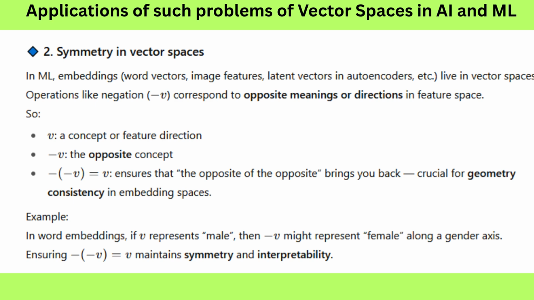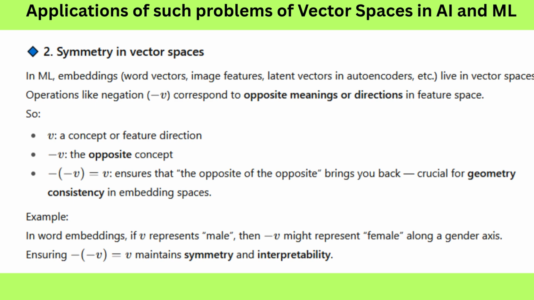So V is a concept or a feature direction. Negative V is the opposite concept. The negative of negative V equals V ensures that the opposite of the opposite brings you back. This is very crucial for geometrical consistency, as I was saying earlier, in embedding spaces.